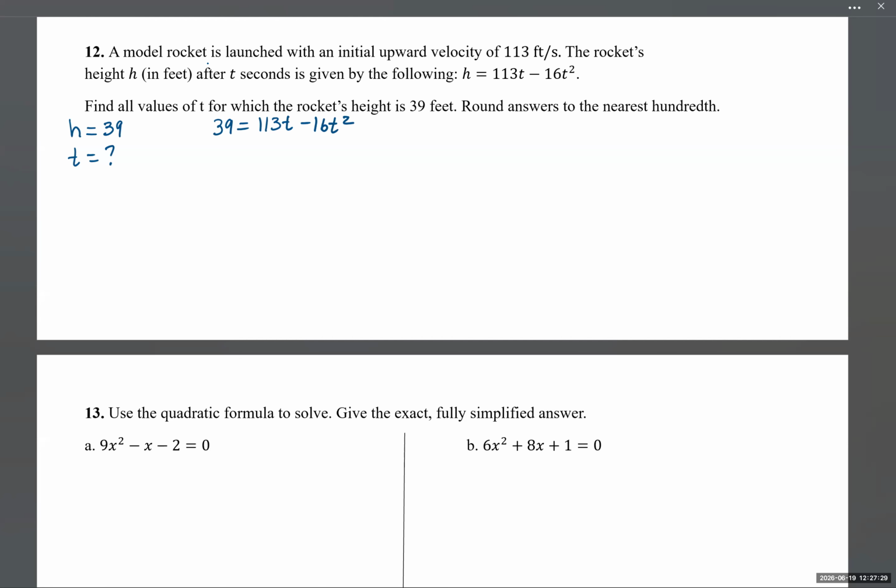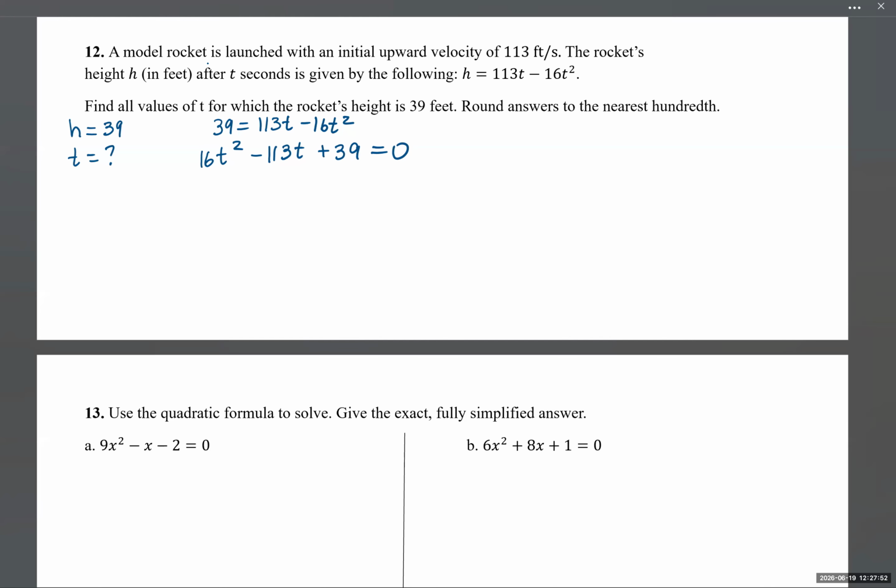This is a quadratic, so it needs to be in standard form. I do not have it in standard form currently, so we'll move everything to the left-hand side. So this is 16t squared minus 113t plus 39 equals 0.